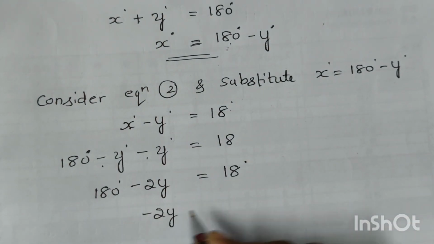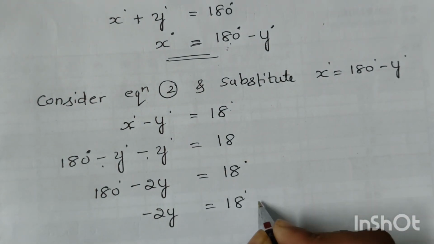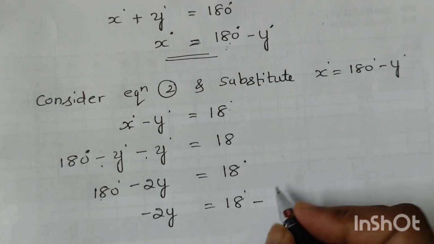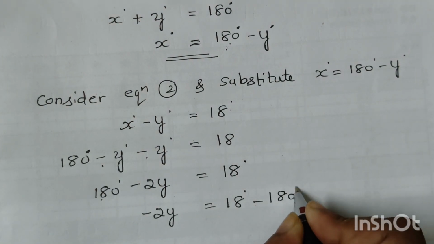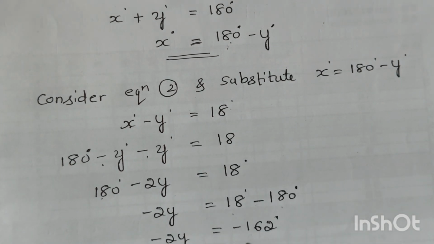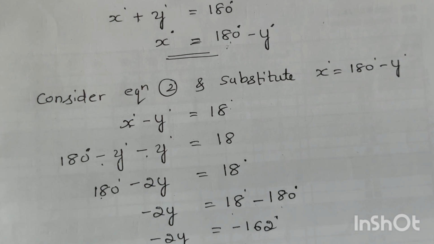Minus 2y is equal to 18 minus 180, because when 180 crosses the equal to sign it becomes minus 180. 18 minus 180 degrees is minus 162 degrees. Minus 2y is equal to minus 162 degrees.